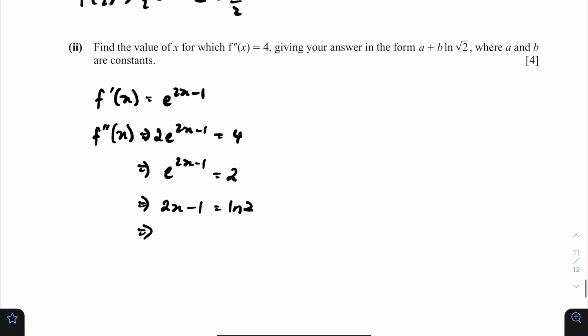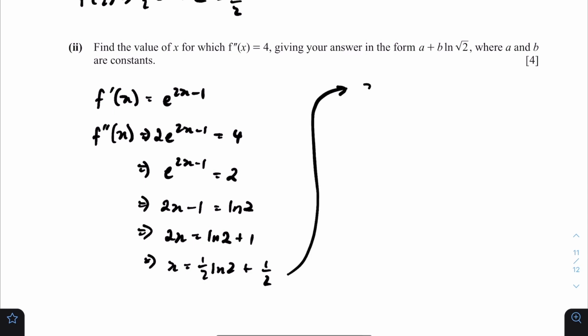Therefore, we get 2x is equal to ln 2 plus 1, and x is equal to half ln 2 plus half, because 1 over 2 is just half, which gives us x is equal to ln root 2 plus half.